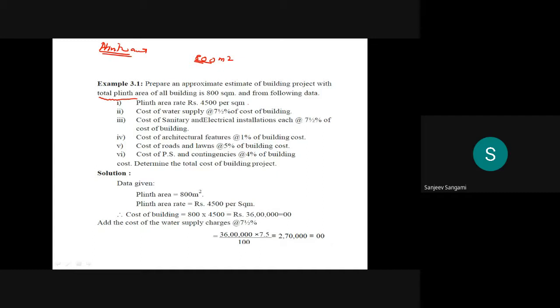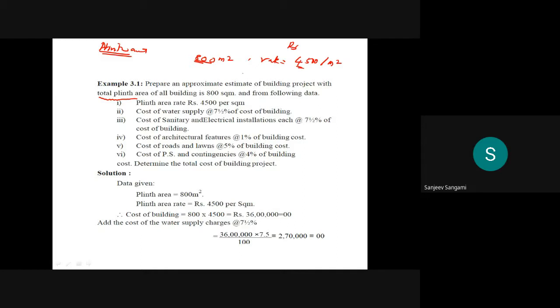And from the following data, the plinth area rate he has given is 4500 per meter square, that is Rs 4500 per meter square. Then the cost of water supply is at the rate of 7.5% of the cost of the building.